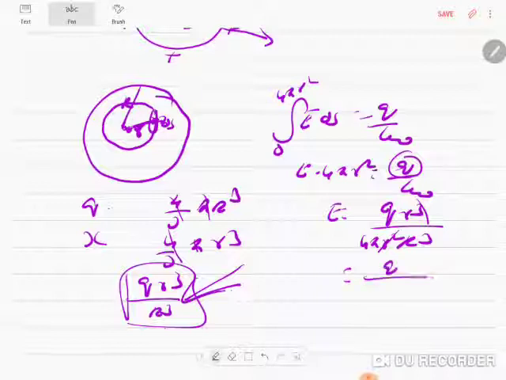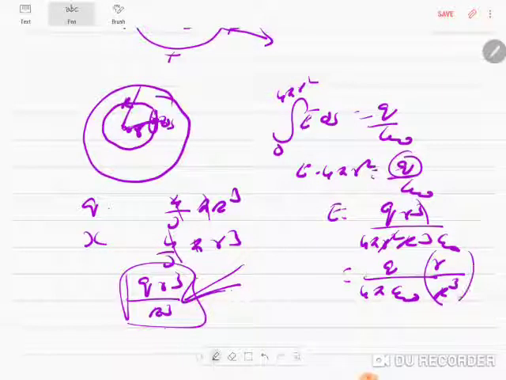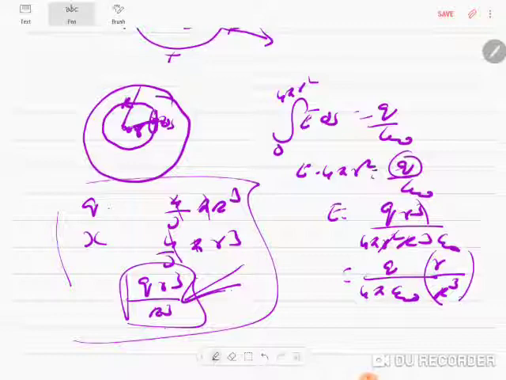You get E equals Q by 4 pi epsilon naught into small r by capital R cube. That will be the formula to find the electric field at a point P inside this solid sphere. Okay, this apple portion is something you need to start with, which you have to recollect.